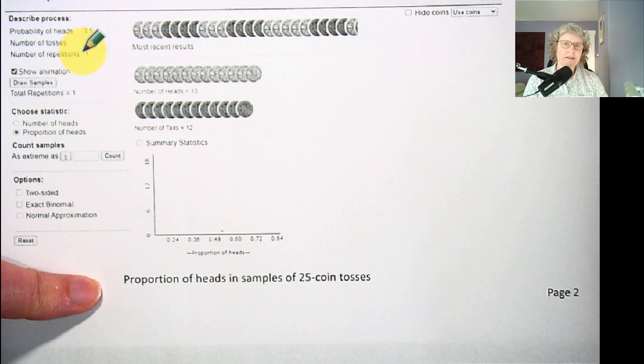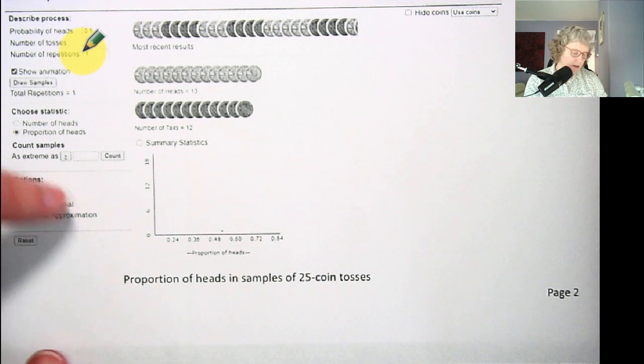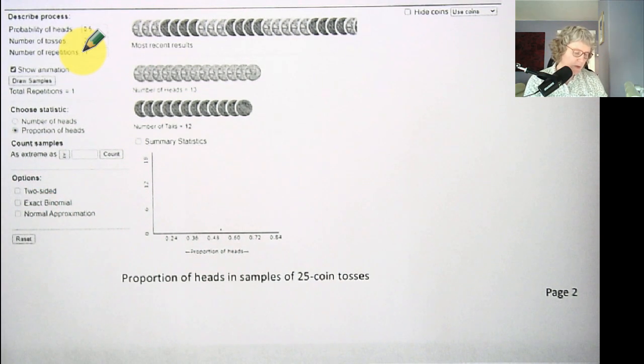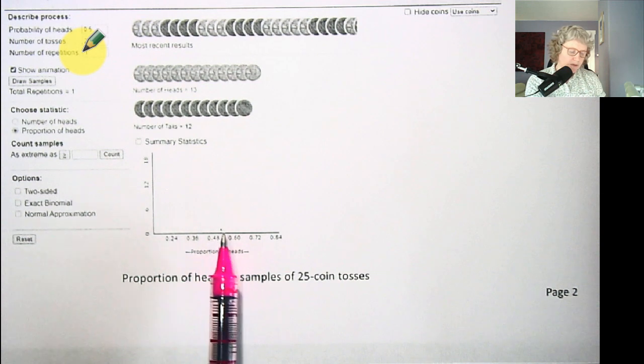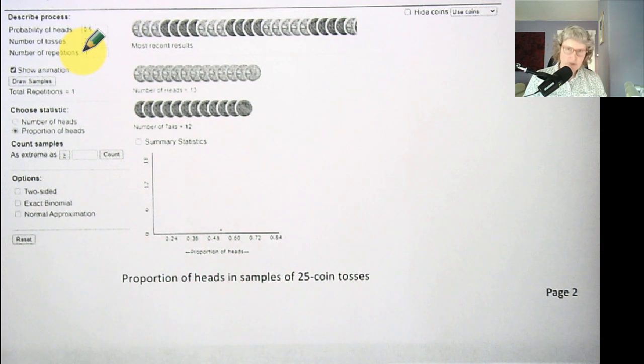And it is kind of abstract, so it helps us just conceptualize what's going on. So instead of just proportion of heads, I've changed it to proportion of heads in samples of 25 coin tosses. So that way we know every single dot is 25 coin tosses, and then what percentage or what proportion of heads did we get?